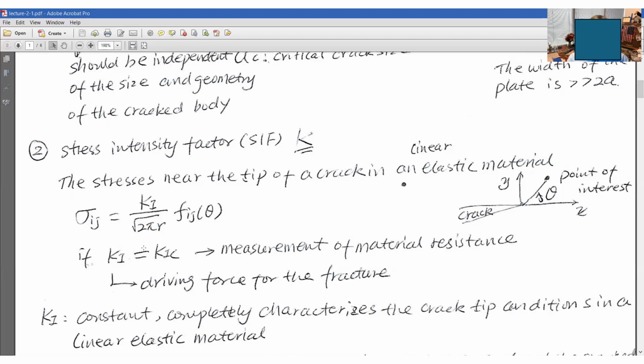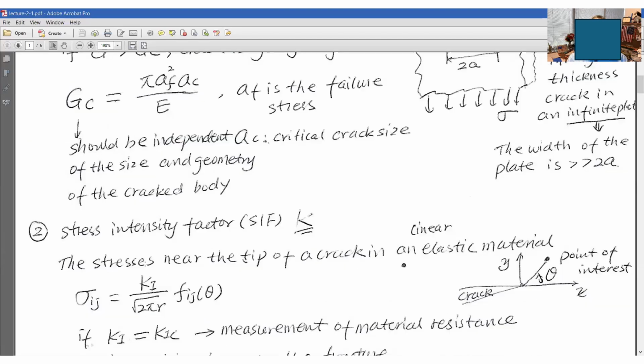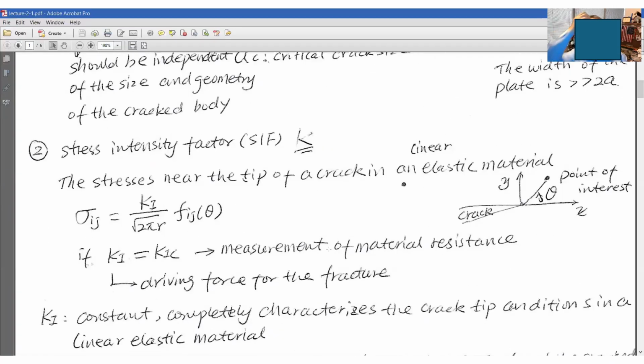we say, is a material property. The same as GC, we also think this KIC is not dependent upon the geometry and the crack size, the size of the cracked body, right?